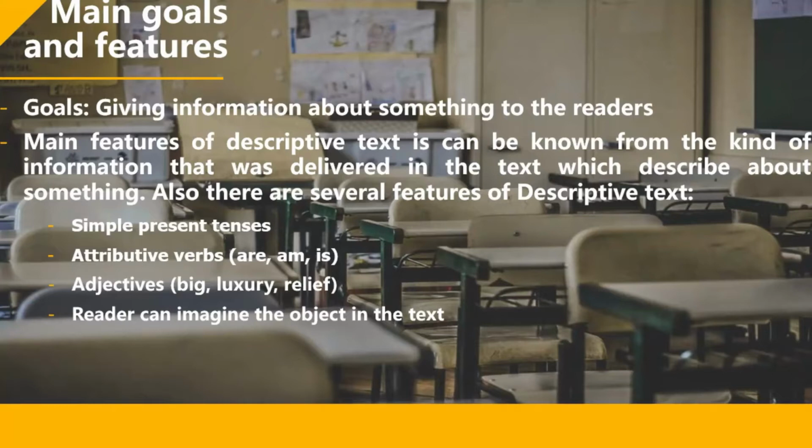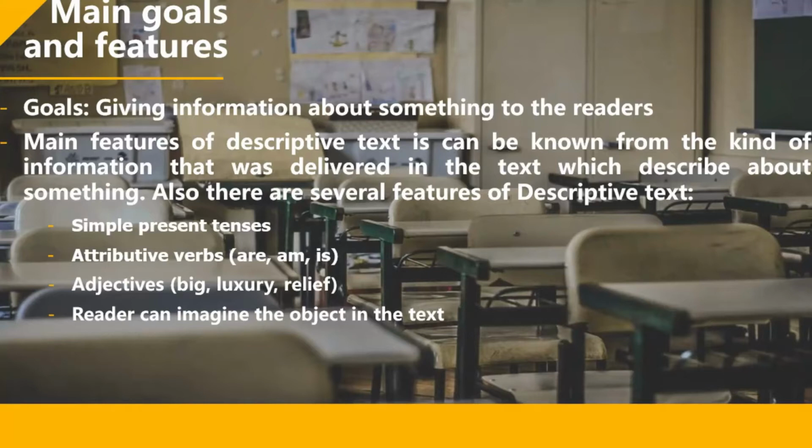The first one is usually using simple present tense. Then the second one, the verb often used is attributive verb or linking verb, is. Then many adjectives are used in the text, for example, big, luxury, relief.